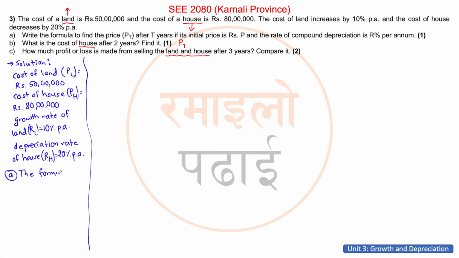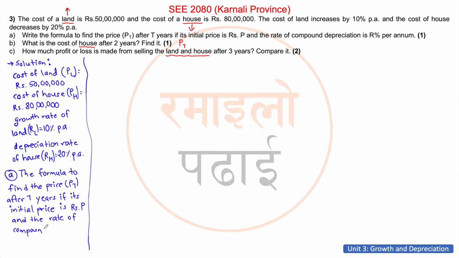The formula to find the price Pt after t years if its initial price is Rs P and the rate of compound depreciation is R percent per annum is, here we have formula Pt equals P(1 - R/100)^t.